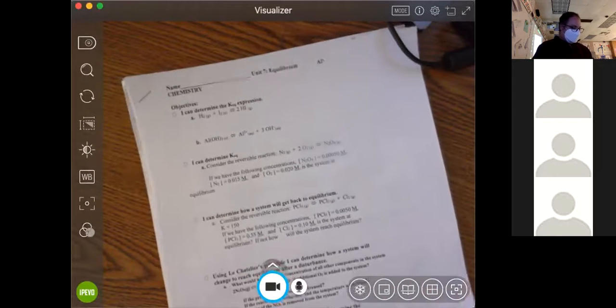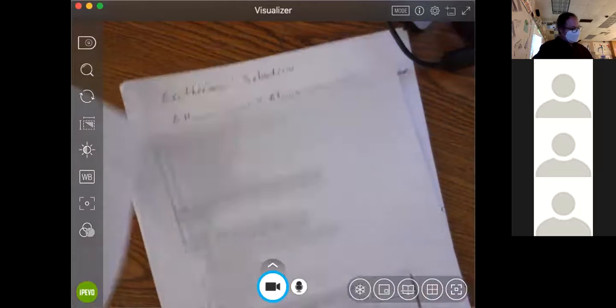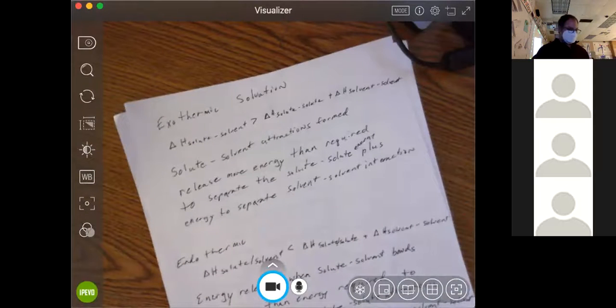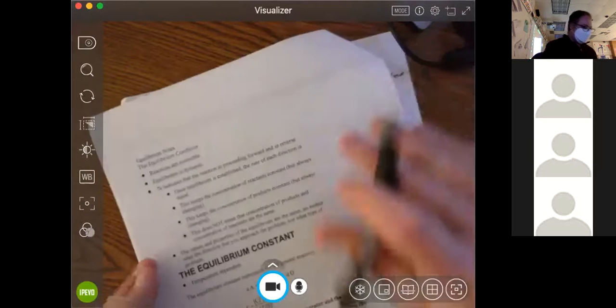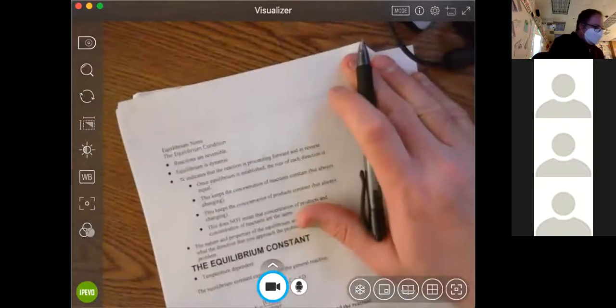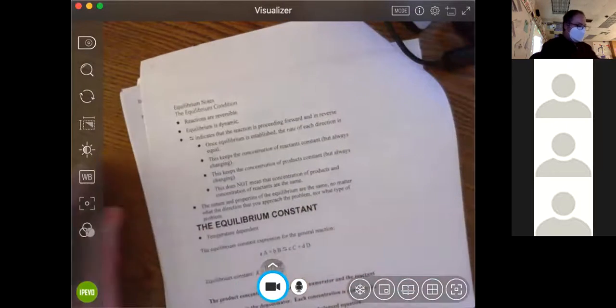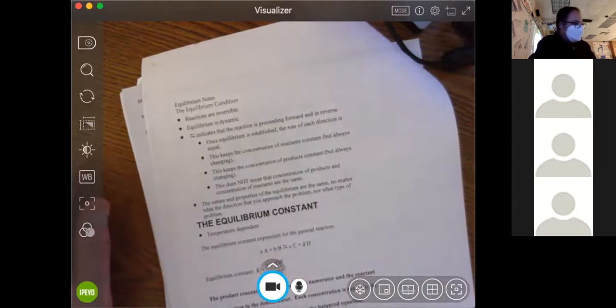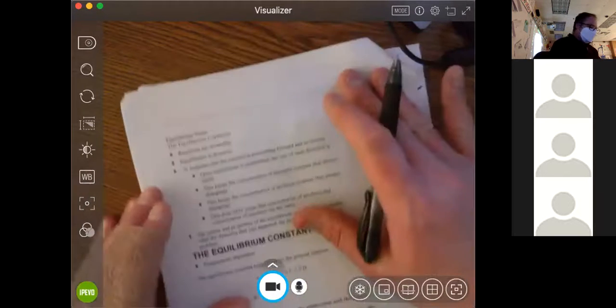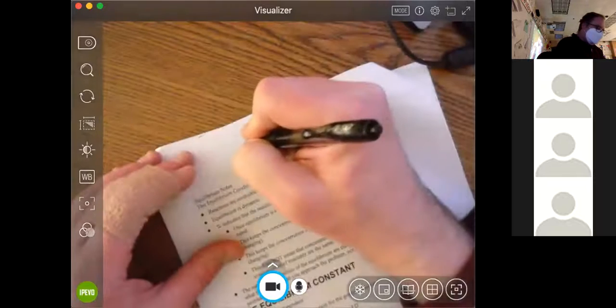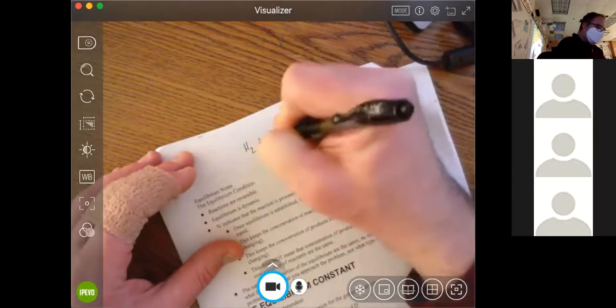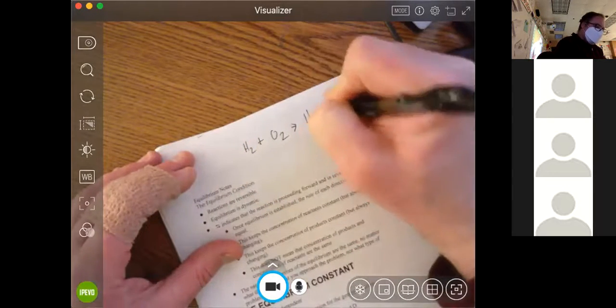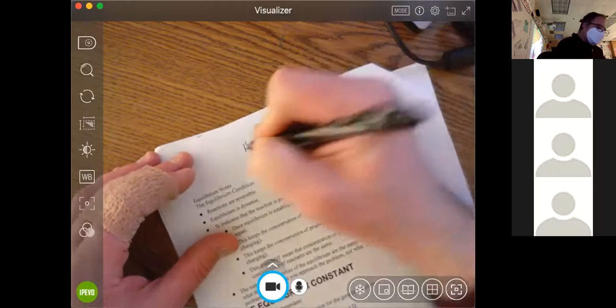All right, equilibrium. All right, so if we take a look, we've talked about it before because you guys have had chemistry before, but we know that we can take hydrogen plus oxygen and form H2O, right?